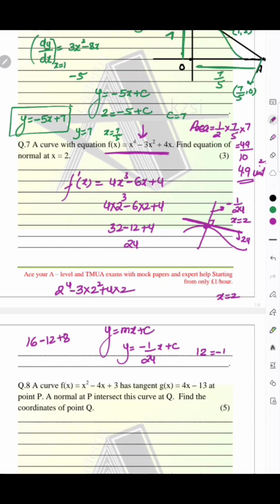So 12 equals minus 1 over 12 plus c, and finally c is 12 plus 1 over 12, which is 145 over 12. So my final equation will be y equals negative 1 over 24 x plus 145 over 12. That's the equation of this normal.